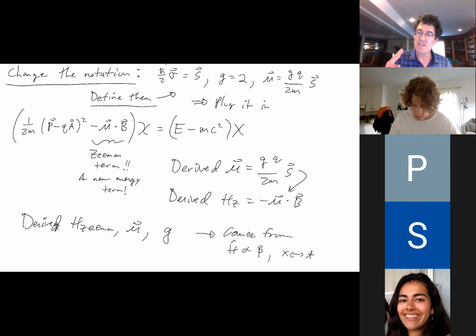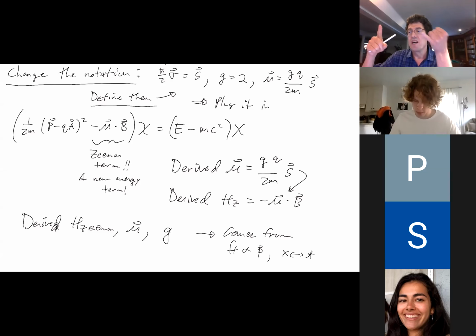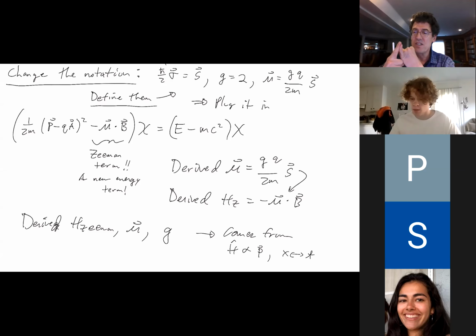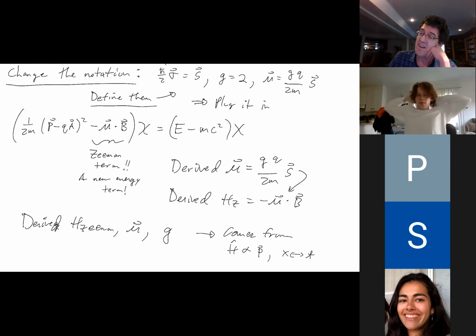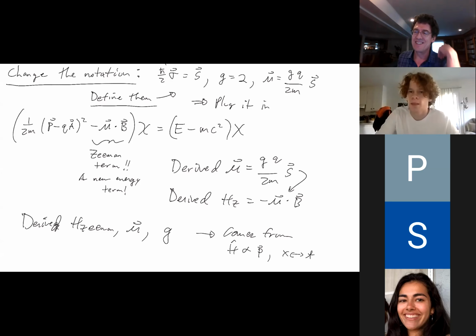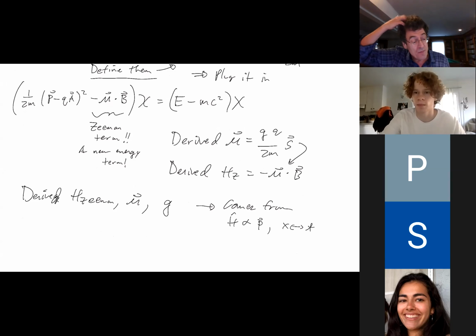We made that trivial assumption, and boom, we got antiparticles, we got spin, we got the G factor, we got the Zeeman energy, and we got the magnetic moment of the electron. All of that, just poof. I love this derivation. It's just like magic. It's amazing. Okay, that's it. So we're done now.